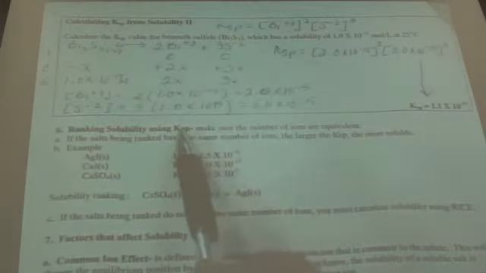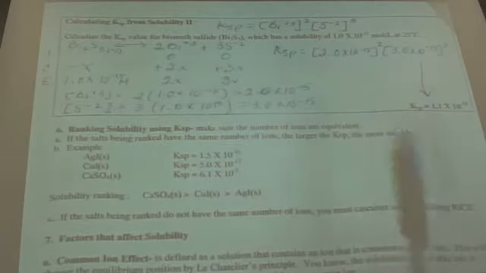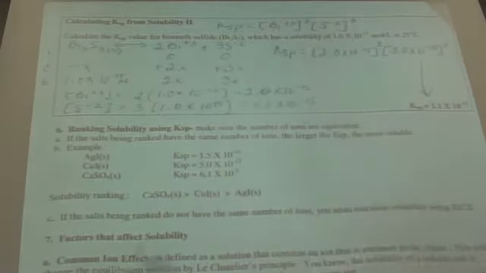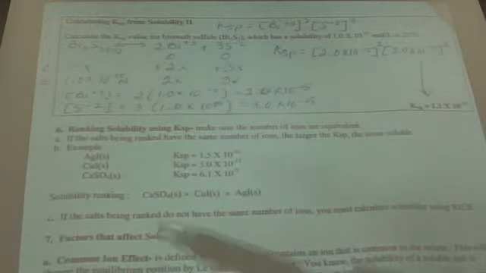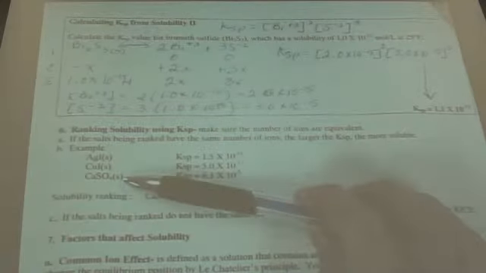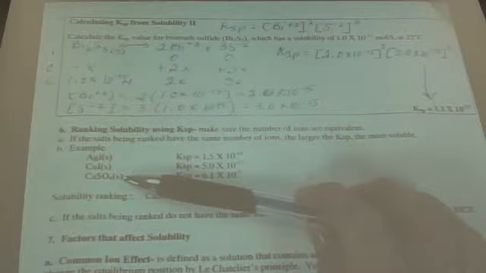You can rank solubility using KSP as well. However, there's one really important thing you have to keep in mind: when you're comparing solubility, all of the things you're comparing must put the same number of ions into the solution.